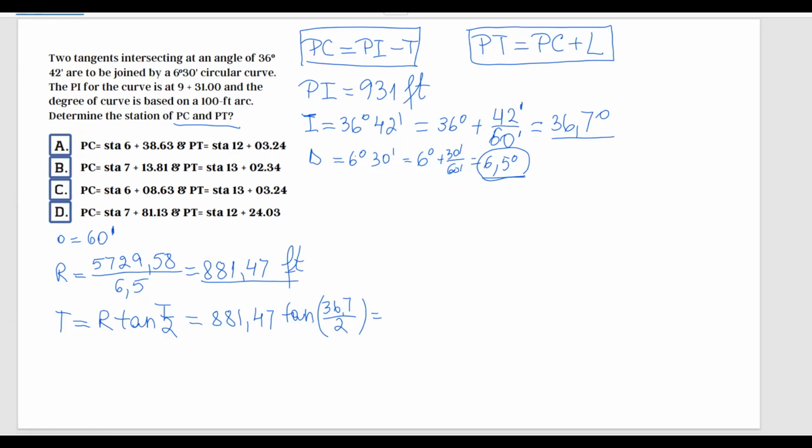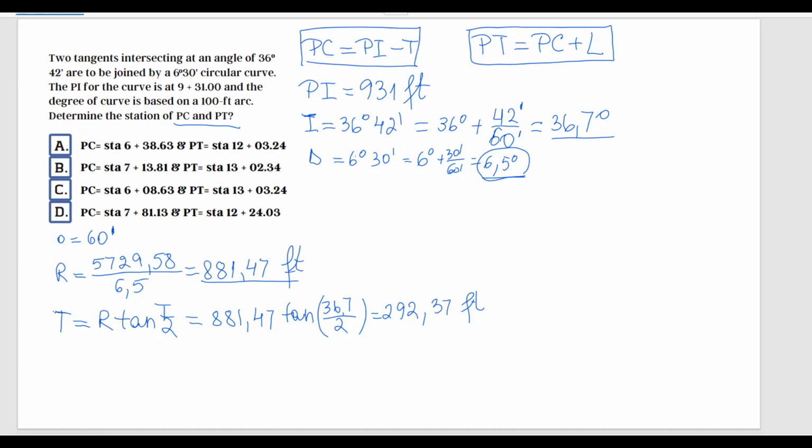Something doesn't look right. 881.47, 36.7 divided by 2, tangent of that, and then multiplied by 881.47. Oh, there you go. Okay. So 292.37 feet.